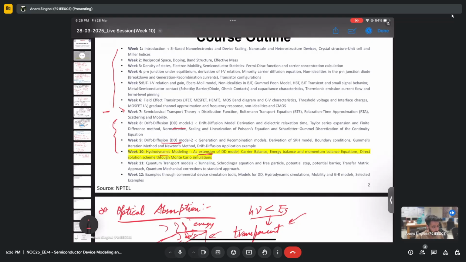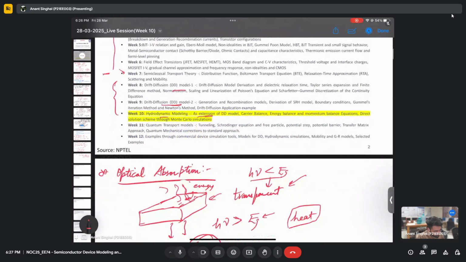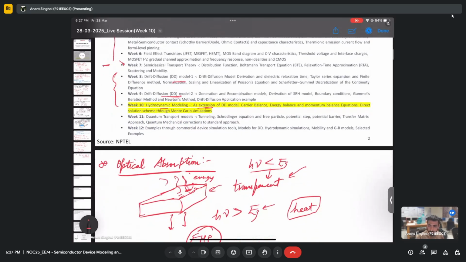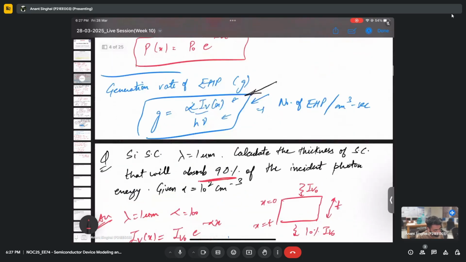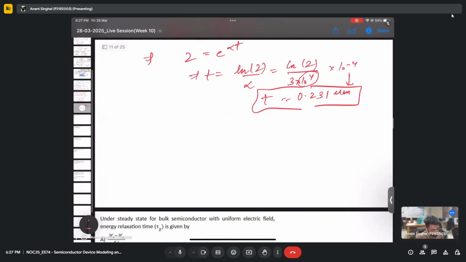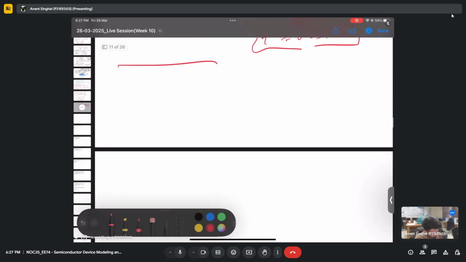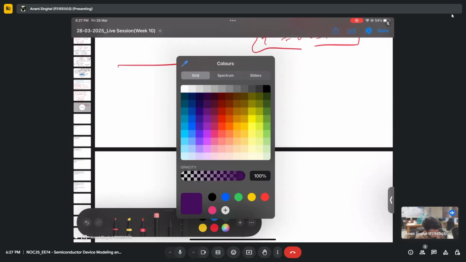So we are covering some of the mini topics for this week. In the second last week, we have the quantum transport model related to the Schrodinger part that we have already discussed in some classes. We'll go in depth for the quantum models in the next class. For today we are just covering some mini topics and some questions from the assignment, for the sake of covering some problems.